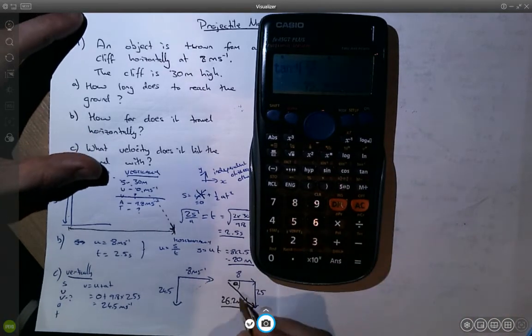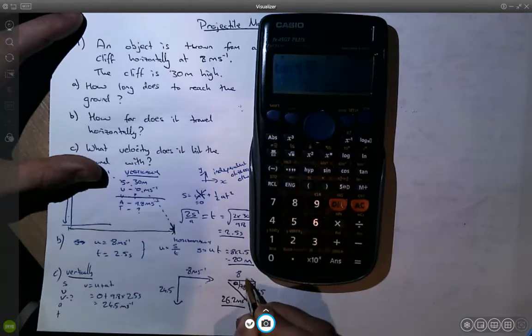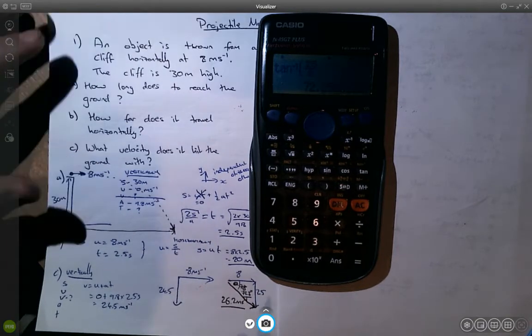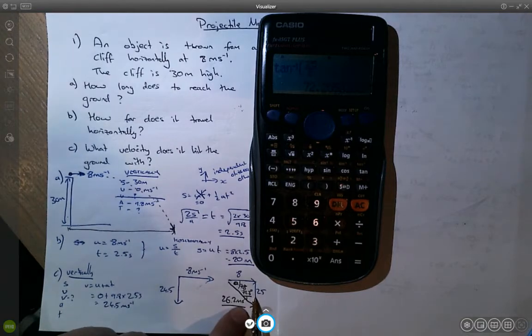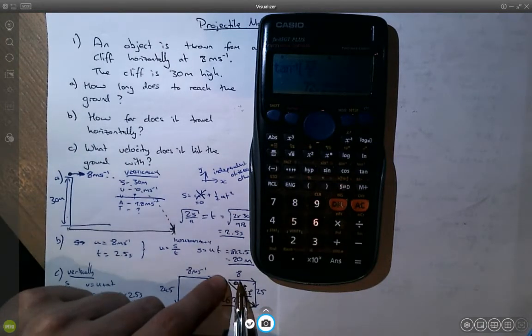Which is at an angle of 72.3 degrees. And that makes sense because actually this is far, far bigger, so it's going to be going mainly down compared to going across.